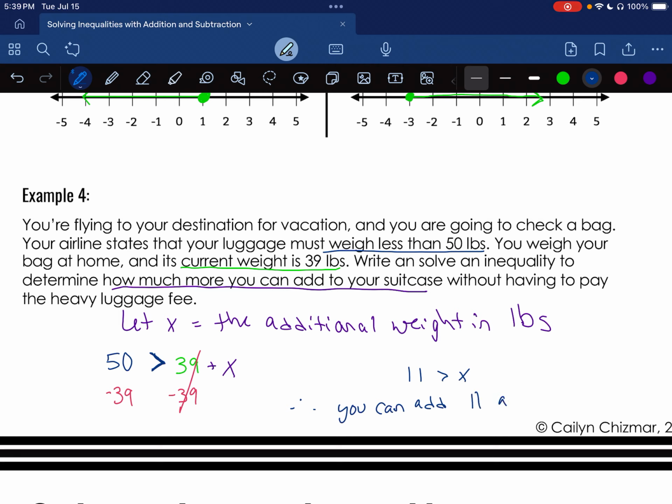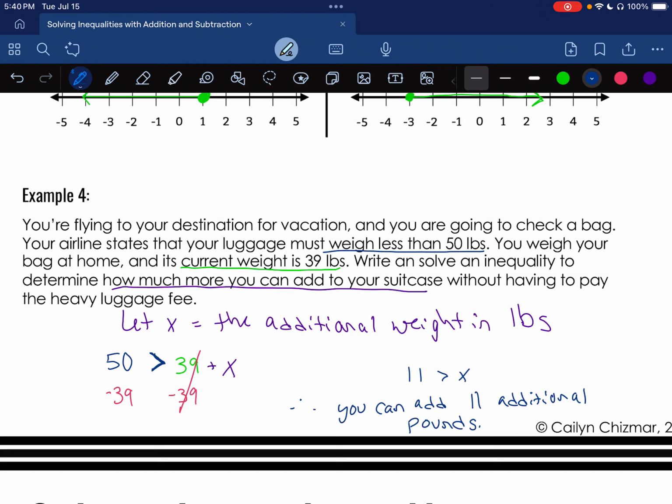And I know what you may be thinking. I did not need to write an inequality to figure that out. And you're totally right. Okay, so this is for real a real problem, right? Flying somewhere recently, had 39 pounds, and you need to think, okay, what else can I put in this suitcase?